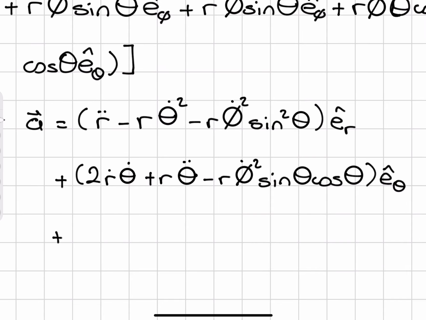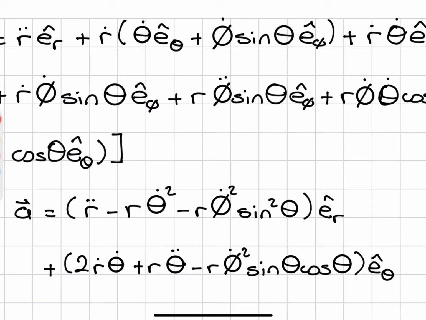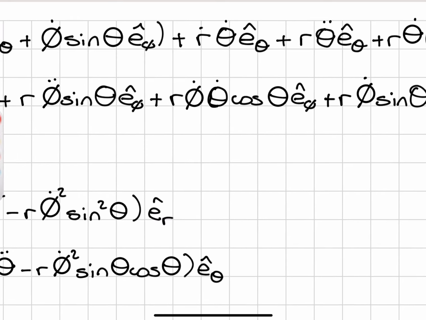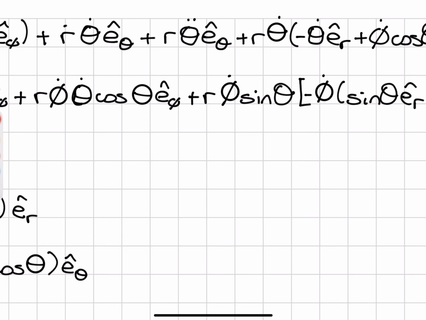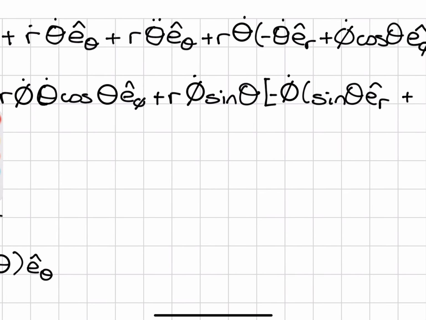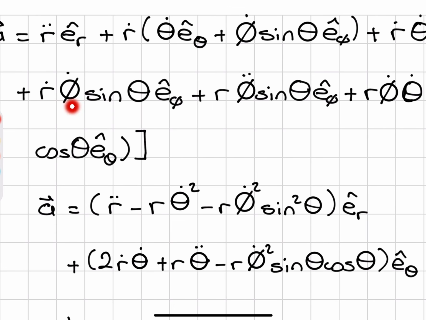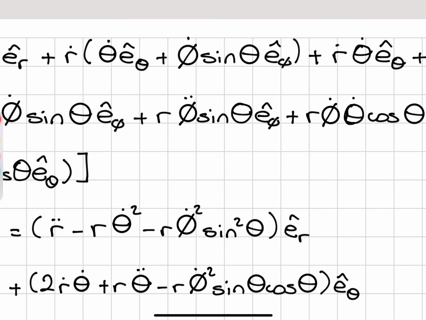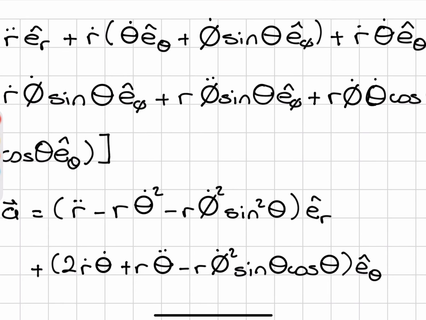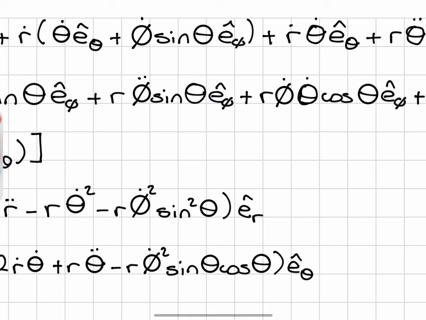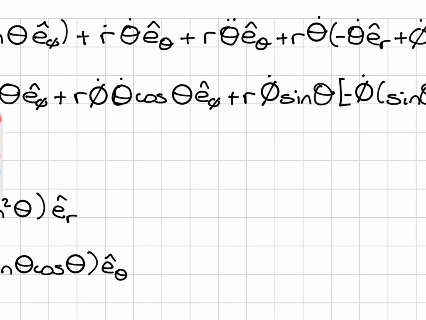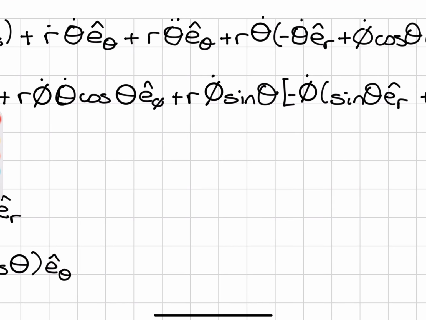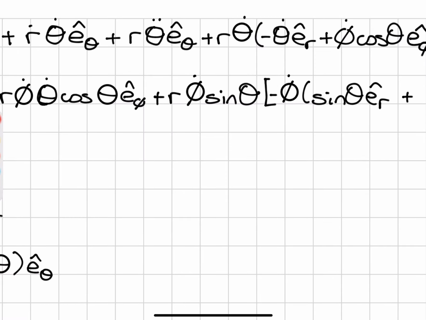And similarly, we can recognize the terms that belong to e phi hat here. So scanning, the first one is r dot phi dot sine theta in e phi hat. And then we have r theta dot phi dot cosine theta. And then we have r dot phi dot sine theta again, so this term is repeated, and the r phi double dot sine theta term, and then the r phi dot theta dot cosine theta e phi hat term is repeated.